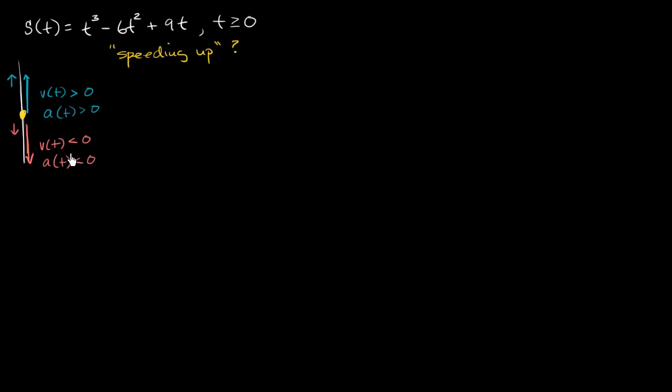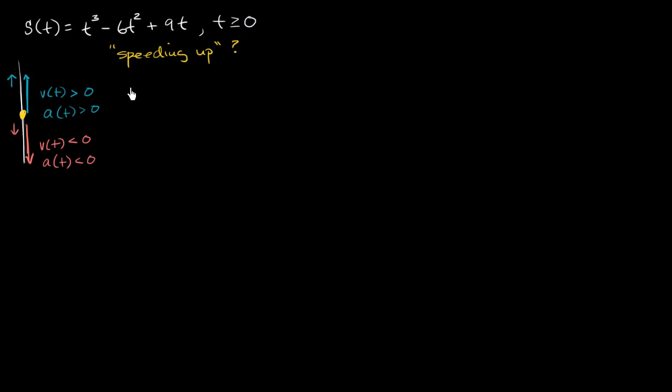And so now that we've clarified that, I encourage you to pause this video and try to answer this question. Over what intervals of time, if any, will this particle be speeding up? Well, to answer that, let's just try to figure out the velocity as a function of time and acceleration as a function of time. And we know that velocity is just the derivative of the position function with respect to time. So let's write that down.